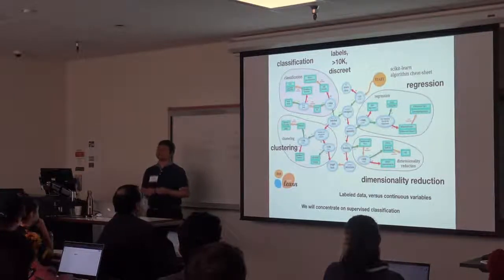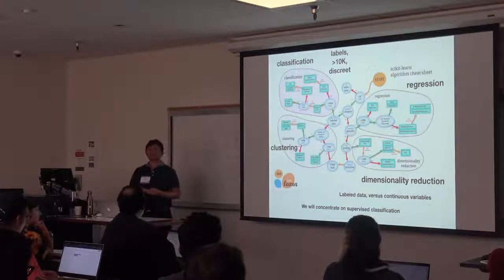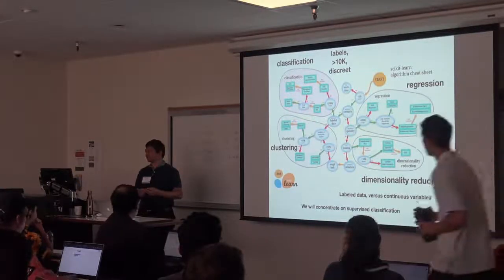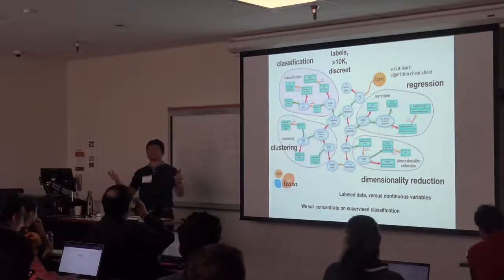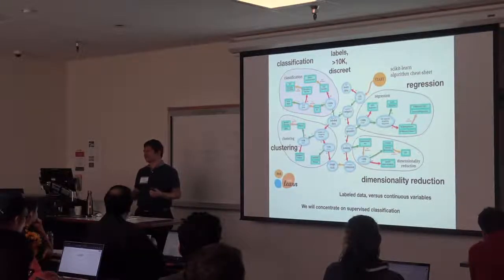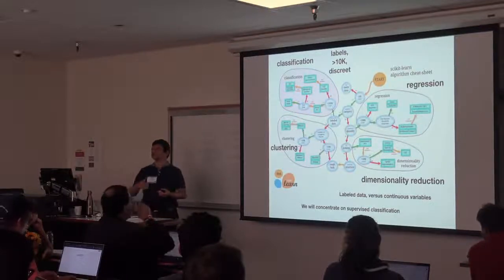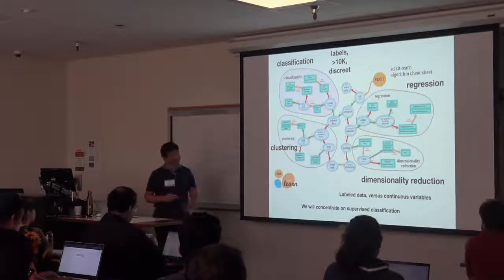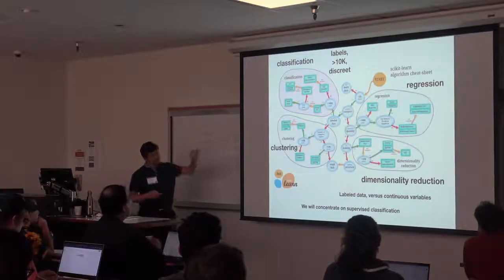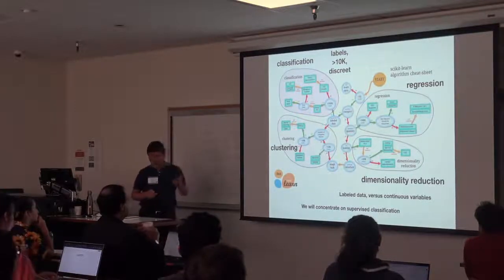Especially now, when there are many libraries, people want to blindly use certain techniques. So they have a data set, they have heard about a technique, they try to apply it, they get answers, and they assume that the answers are right, which may not be the case. So it's very important to understand what kind of techniques you can use depending on what kind of data sets you have. This is a good flowchart that indicates what you should be using when.